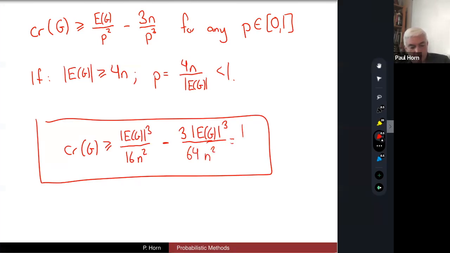And this is the number of edges of G cubed over 64n squared.